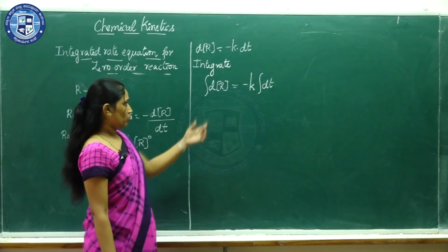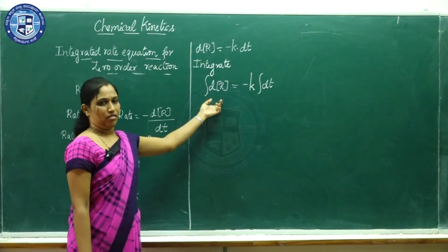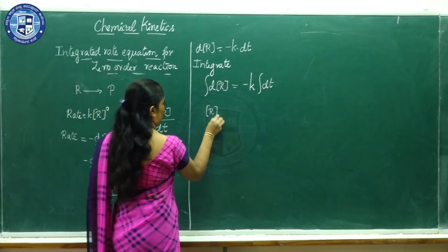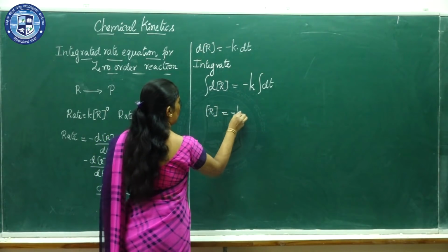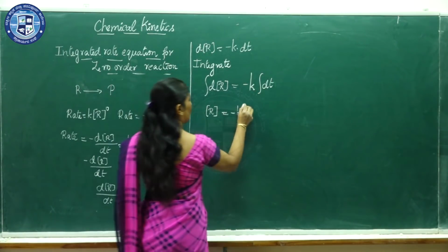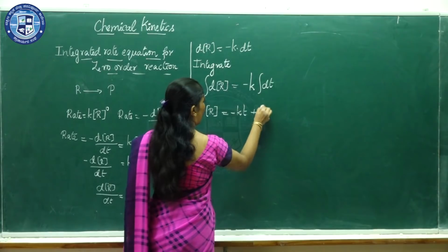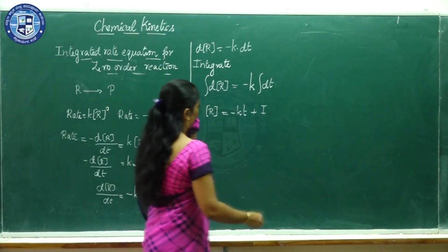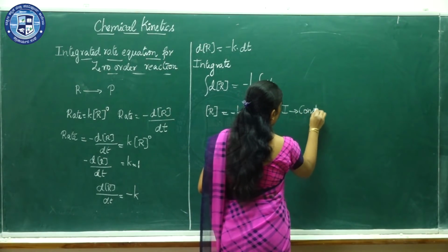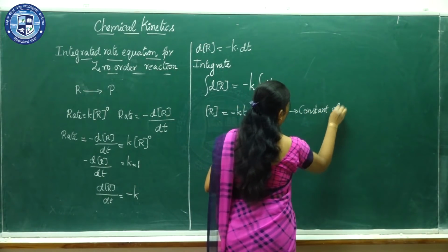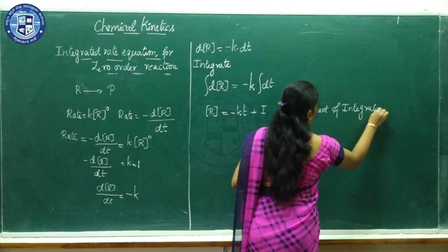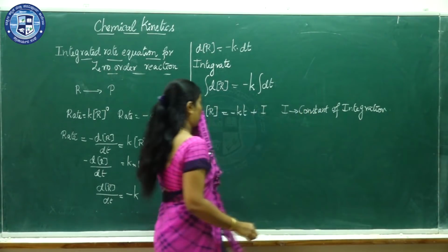Now you know what is the integration of dR, it's very simple, it is R. So R is equal to minus k, integration of dt is nothing but t, plus I. What is I? I is the constant of integration.